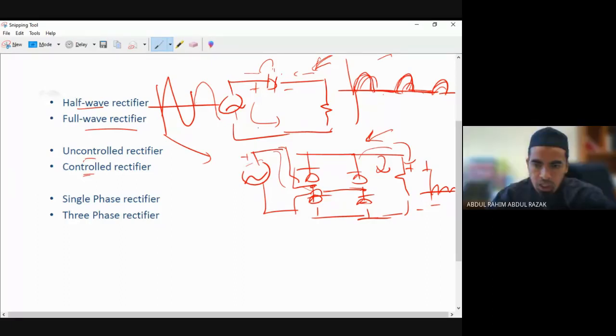Okay, so this is the composition of the half wave rectifier. Meanwhile, this one is a full wave rectifier. You can refer to the notes later. Okay, what about the uncontrolled rectifier? An uncontrolled rectifier also refers to the switch, which means that we cannot control when to start or when to stop the conduction.